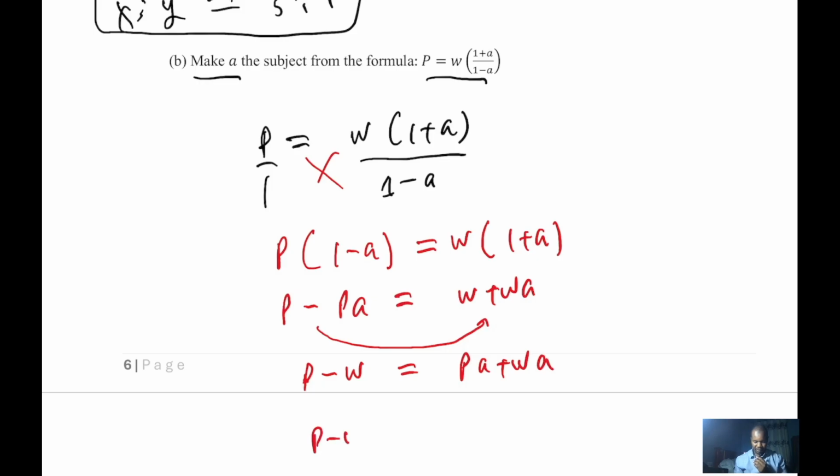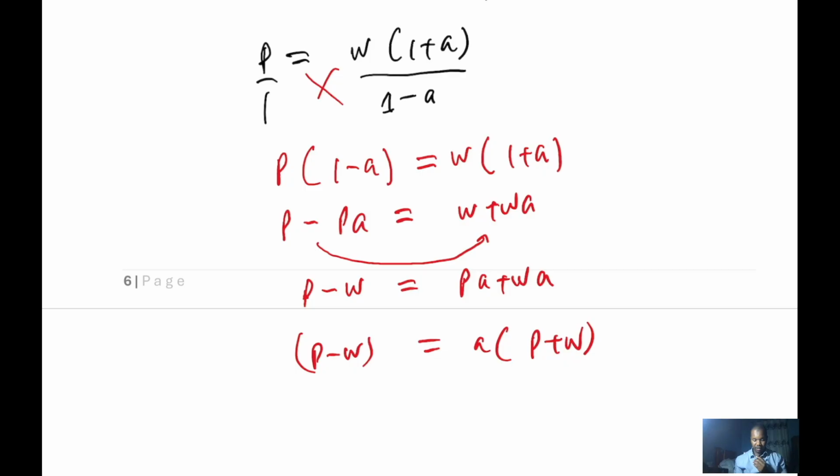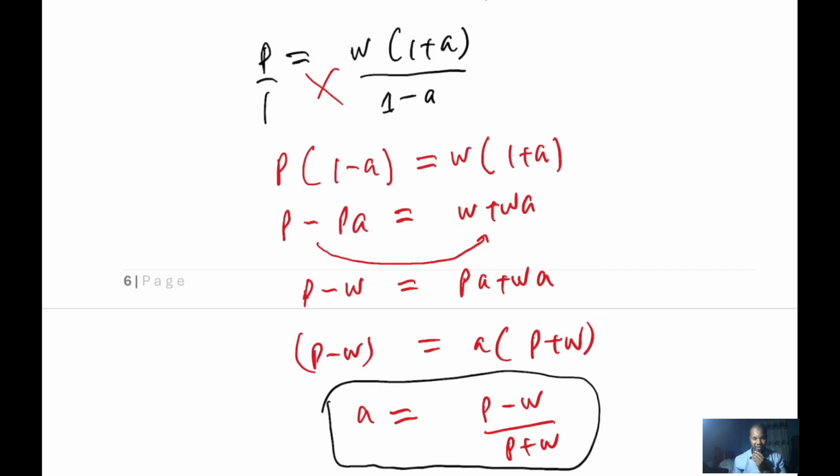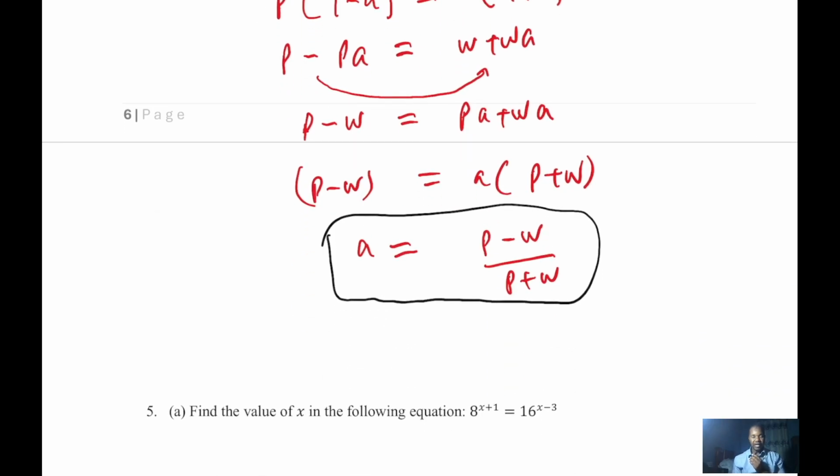So you have p minus w equals a in the bracket p plus w. To get a, you divide by p plus w both sides. So we'll have p minus w over p plus w. That is the formula after making a the subject. I think it is clear.